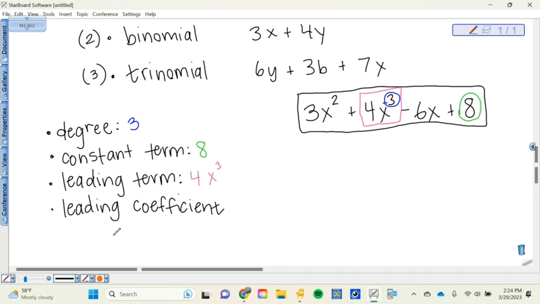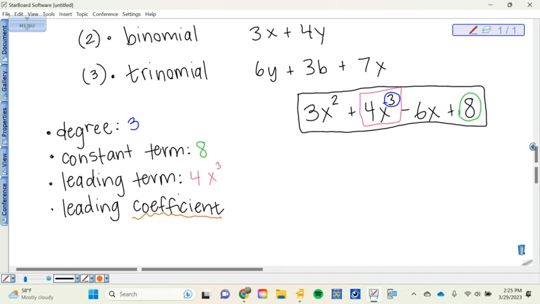And then, what do you think the leading coefficient would be? Not the first number. What's the leading term? What's the coefficient of 4x cubed? The coefficient is just the number out in front.